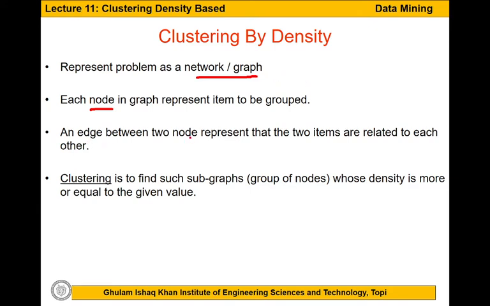An edge between two nodes represents that these two items are related with each other, right? So in clustering, we have to find such subgroups or subgraphs in a large graph whose density is more than or equal to a given value.